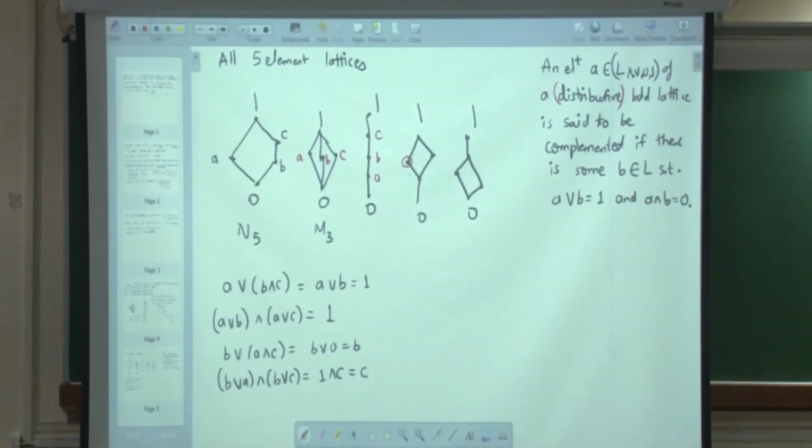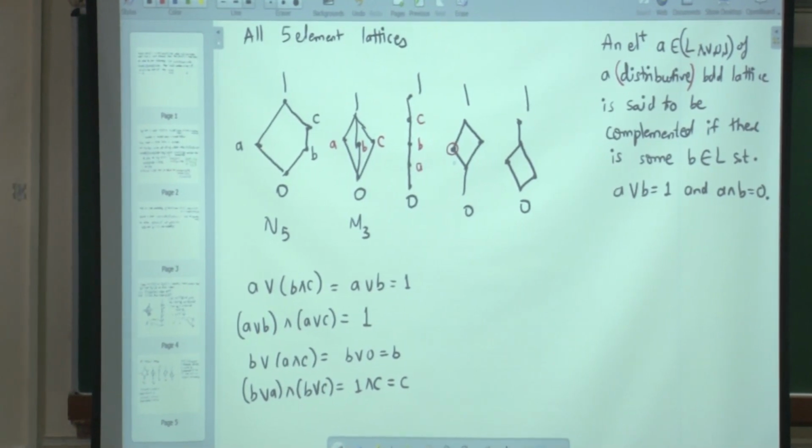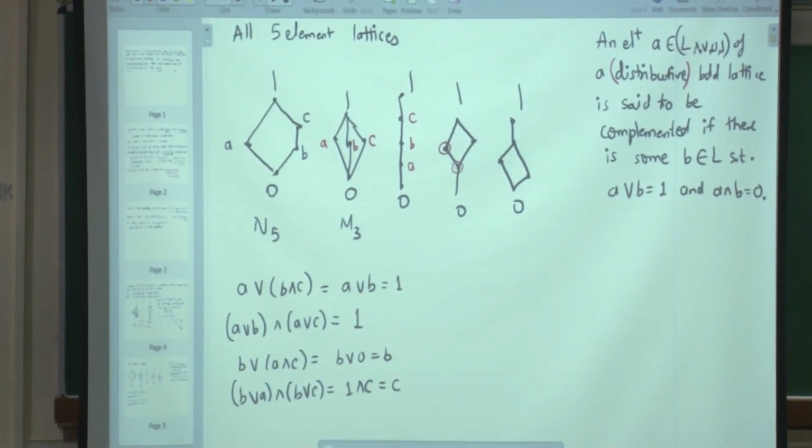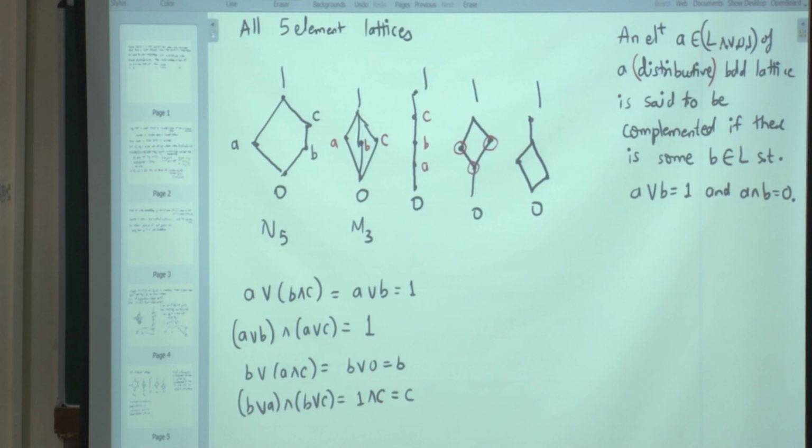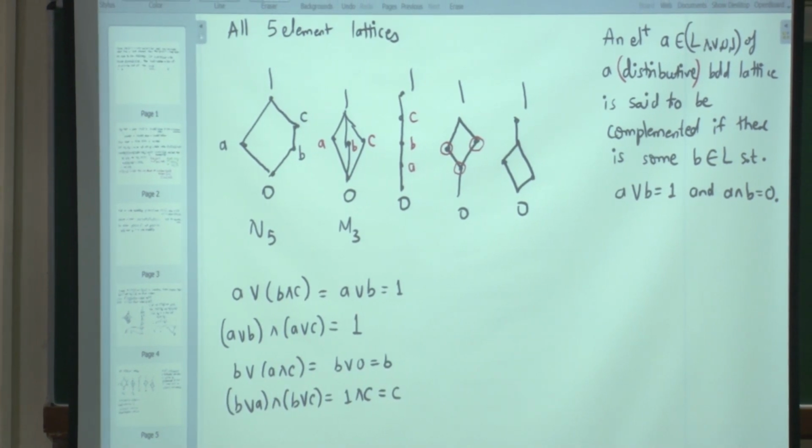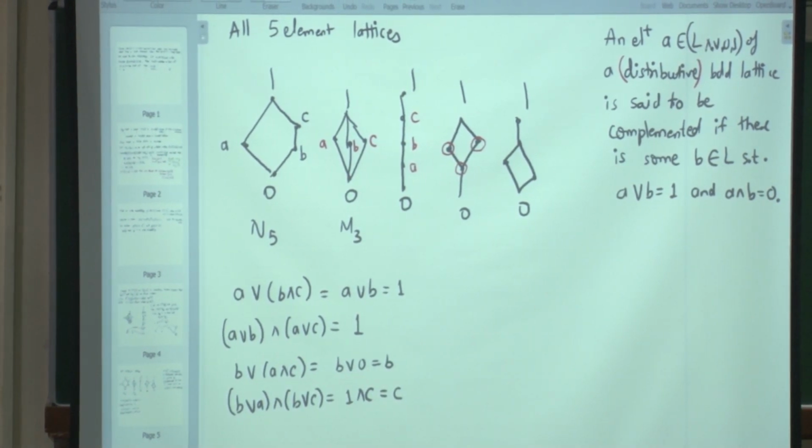Kite also doesn't have complements. See, this element, what is the complement of this element? Doesn't exist. Complement of this element and this element, none of them exist. Okay, so complements do not necessarily exist.